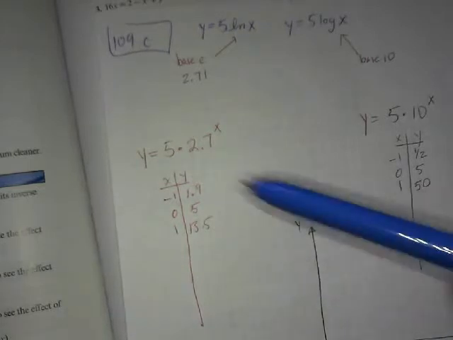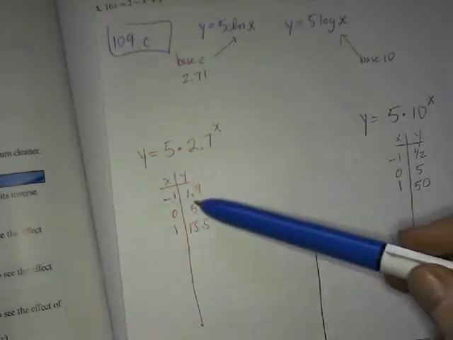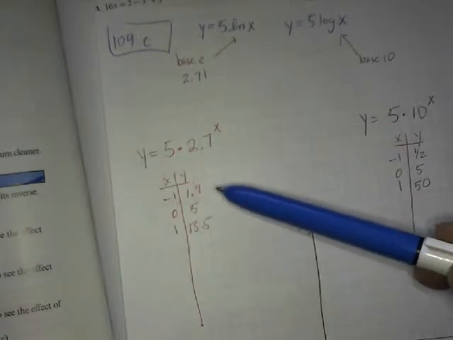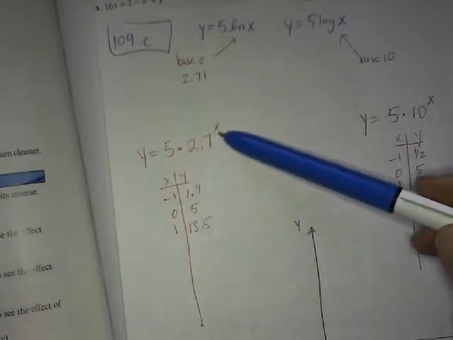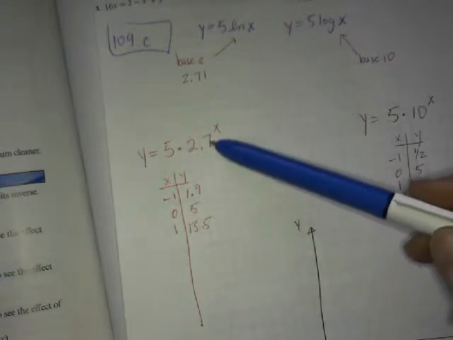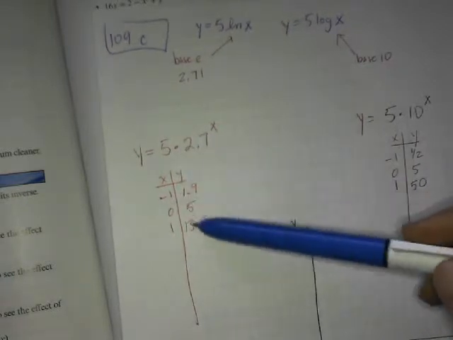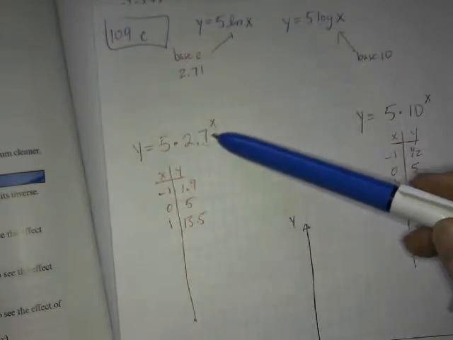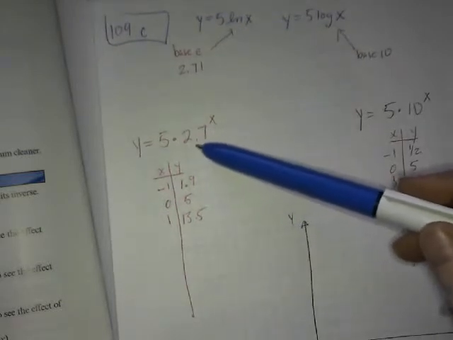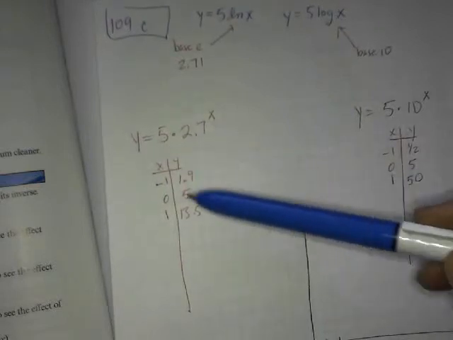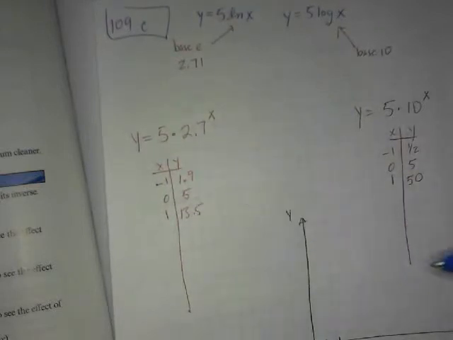Well, that I just stuck in my calculator, 5 over 2.7, and I just rounded my decimal to right there. Okay, and then I plugged in 0. Well, anything to the 0 power is 1, and 1 times 5 is 5. Anything to the 1 power is itself, so I'm kind of rounding here, but I got 2.7 times 5, and that's where I got that number from.